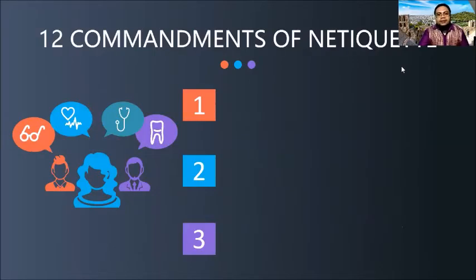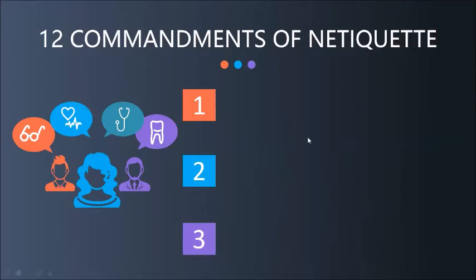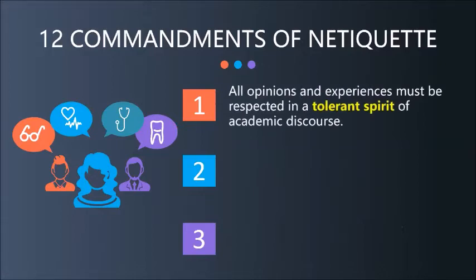The first one, number one, is: all opinions and experiences must be respected in a tolerant spirit of academic discourse. Tolerant spirit. So that's the keyword, no? We should be tolerant of others' opinions and experiences.